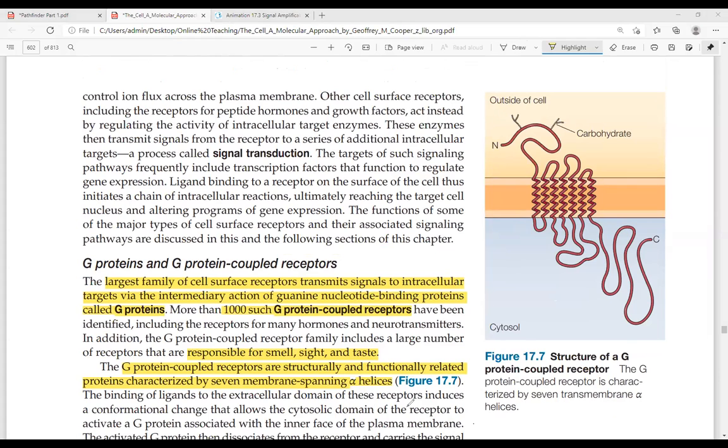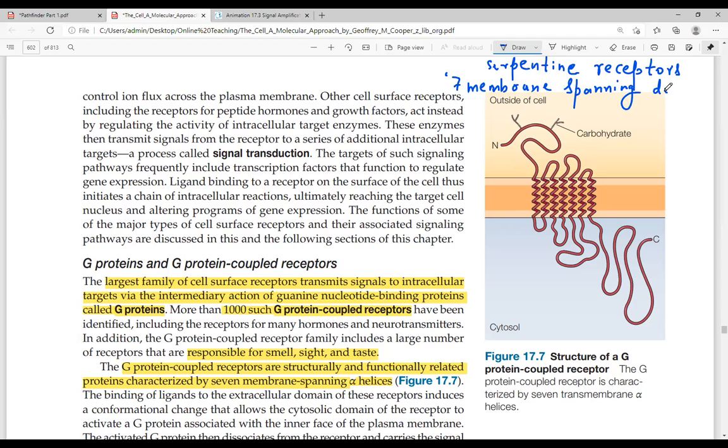If I can just show it to you, these are serpentine receptors, that is, they have 7 membrane spanning domains, and that is why they are called serpentine receptors. You can find 1, 2, 3, 4, 5, 6, 7.